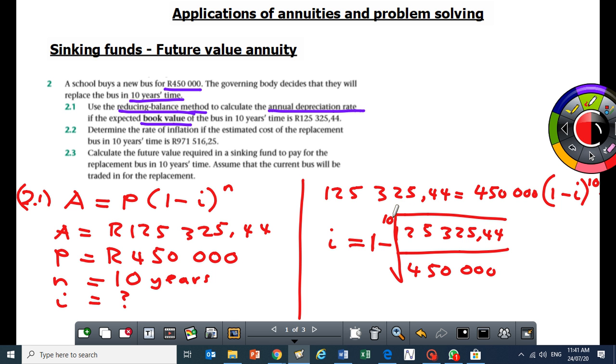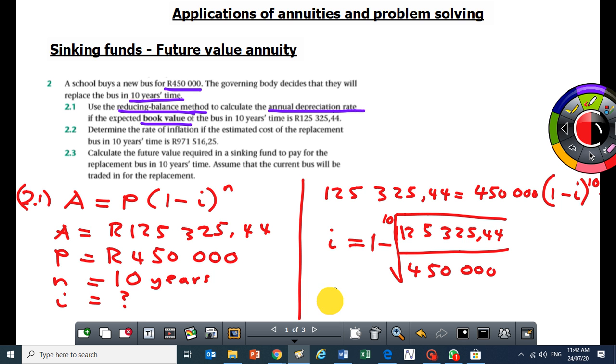So i is equal to 1 minus the 10th root of 125,325 over 450,000. So the first thing, I divided both sides by 450,000. Then I took the 10th root. On the right hand side, I was left with minus i. So if I take the minus i to the left and then take the 10th root, I'll end up getting that.